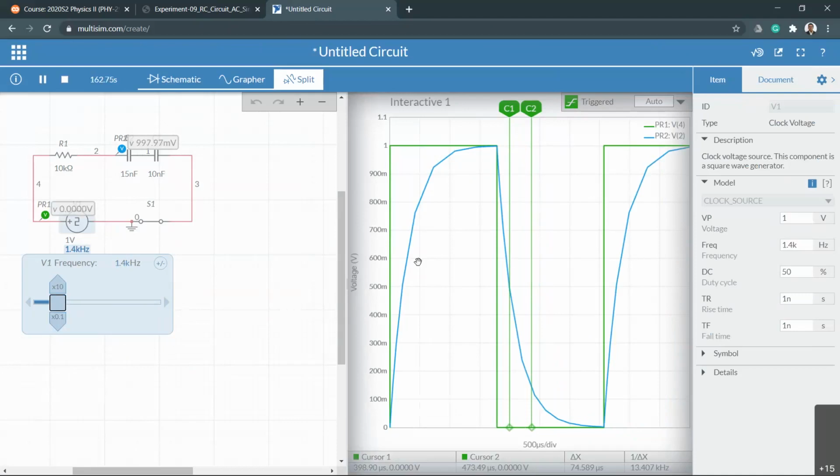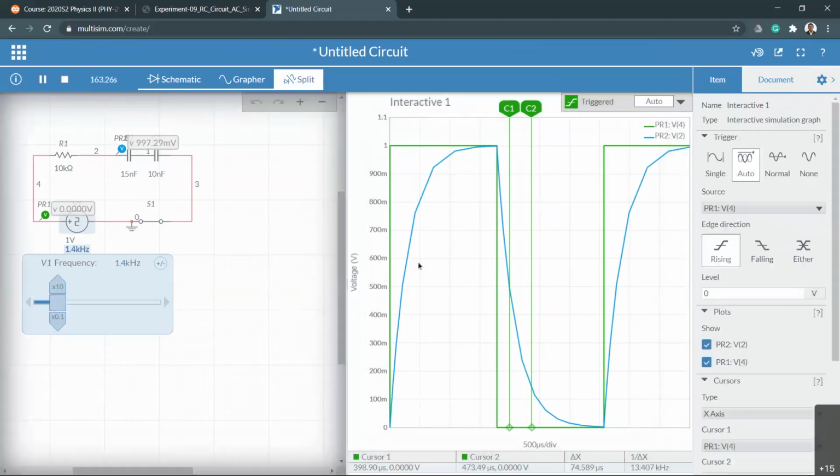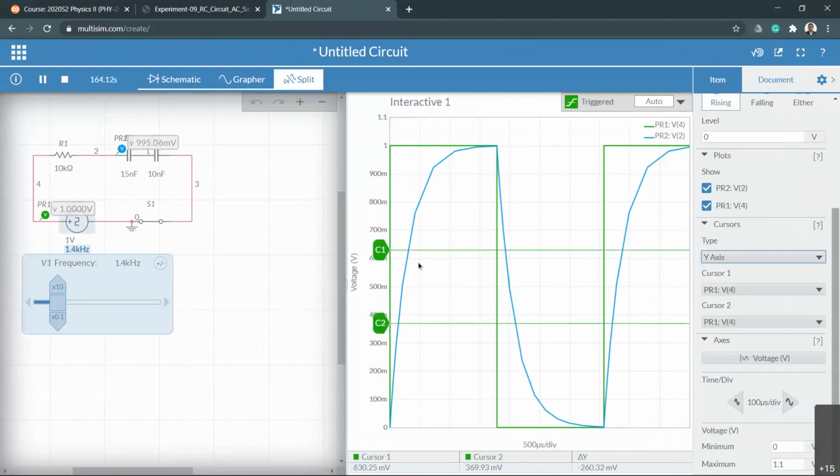Let's measure again. So let's go back to the voltage axis, y-axis, see the two cursors. Cursors are already fixed, you don't need to change. Okay, 63% of voltage, and then cursor number 2 for the discharging, 37% of the voltage. Okay, keep that there. Remember those positions, right?